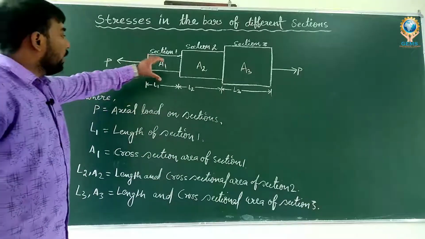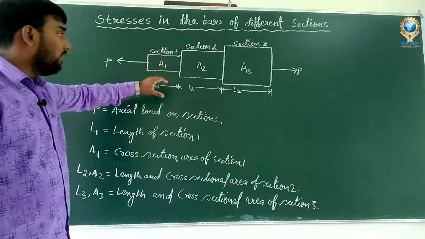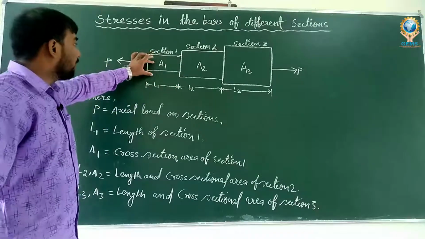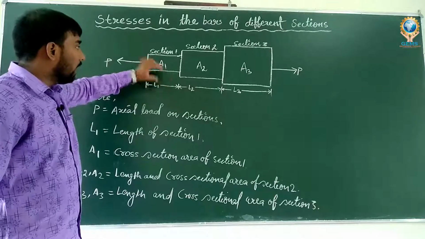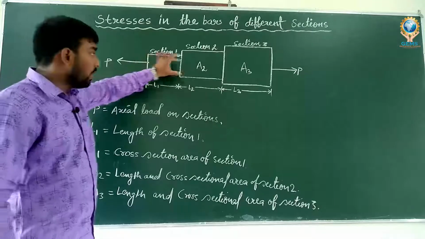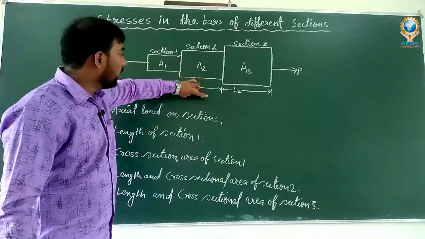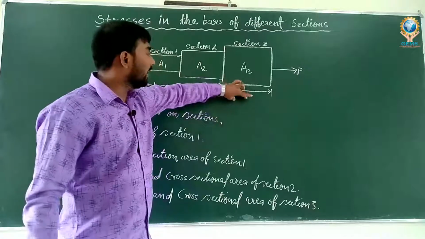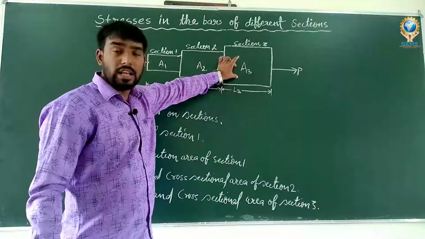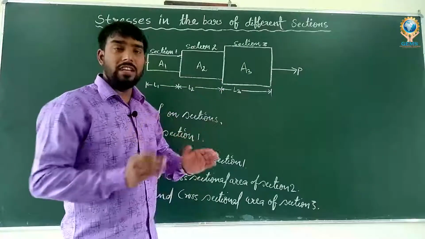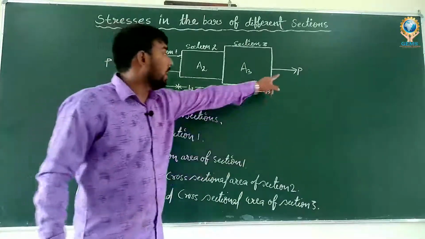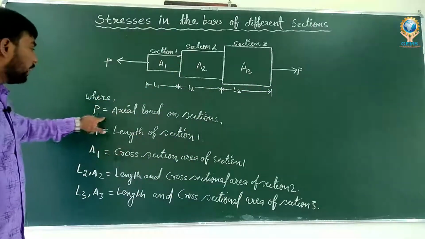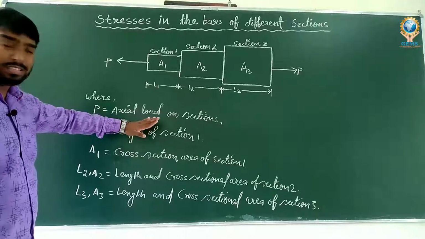Once again, here we are having three different sections. Section 1 has L1 length and A1 area. Section 2 has L2 length and A2 area. Section 3 has L3 length and A3 area. And all the sections have one axial load P. So P is the axial load on all the sections.